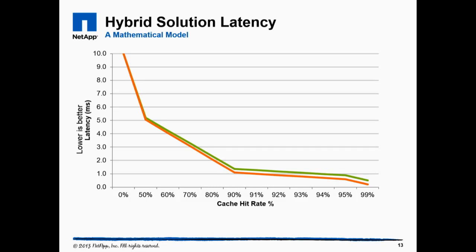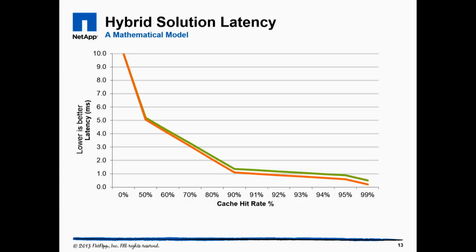So this average latency phenomenon occurs in any hybrid storage solution, and for most workloads, you're going to want to be in the 5 to 3 millisecond range, or maybe up to the 7 millisecond range with cache hit rates around 50 to 70%. Those types of solutions are going to work for almost any workload.